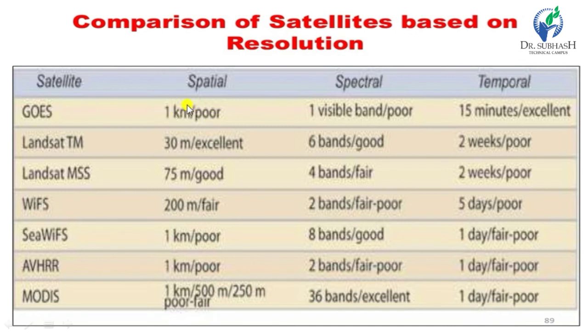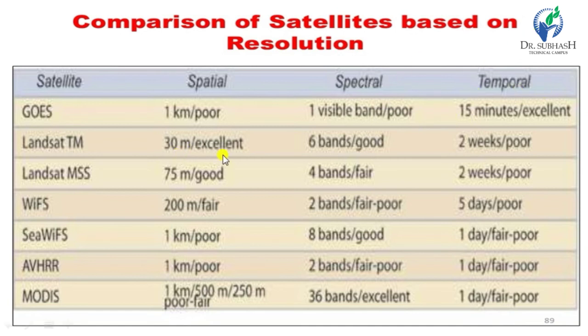We are seeing only 1 pixel in 1 kilometer. Spectral resolution is 1 band, so that can only give a black and white image. That is very poor, and at that resolution we cannot expect how many features are covered. Temporal resolution is 50 minutes, which is very excellent because many pictures are captured by this satellite.